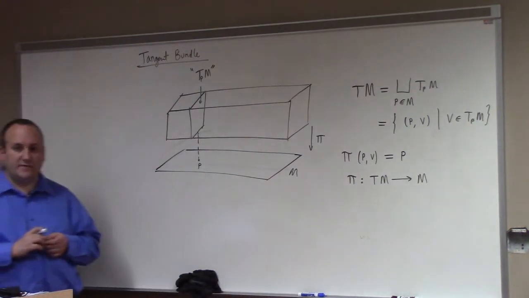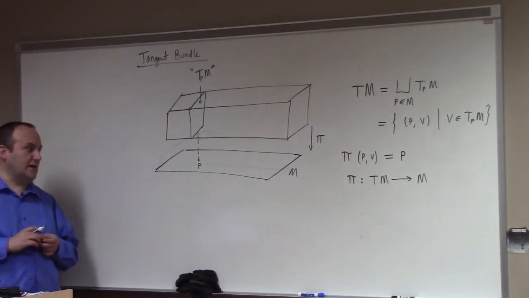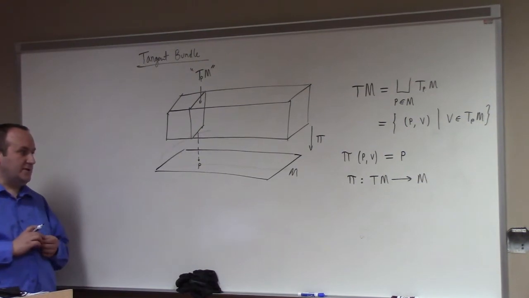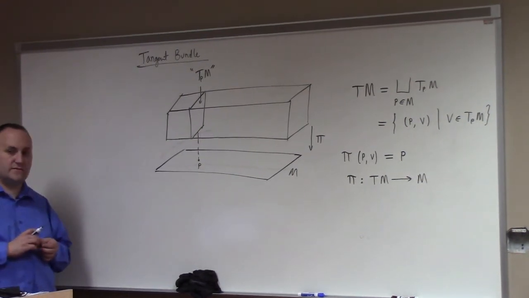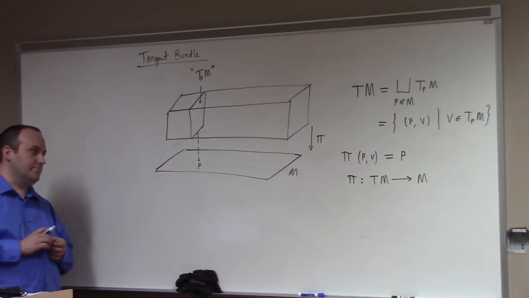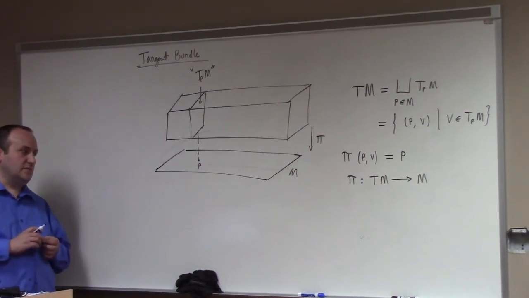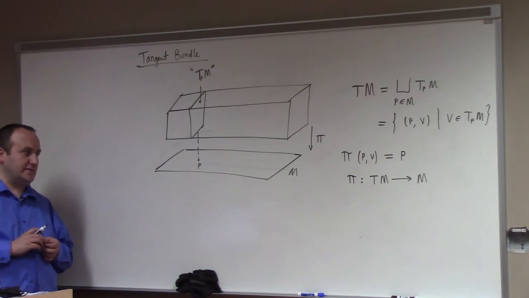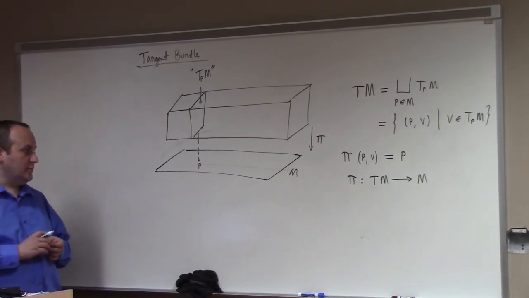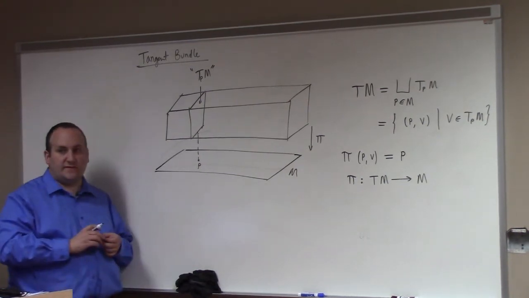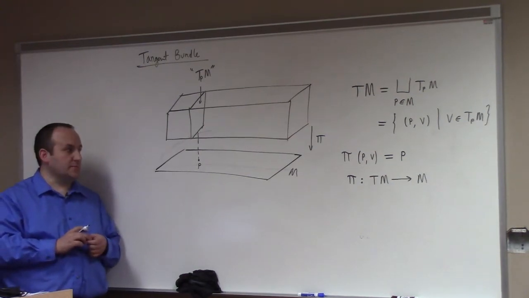Now, what's a manifold? A manifold is a set which locally allows you to do calculus. In particular, it's a set with an atlas of charts, which are bijections to Euclidean n-space, such that when we look at the transition functions from one chart to another, we get a smooth function. That's what it means to have a smooth manifold, right?